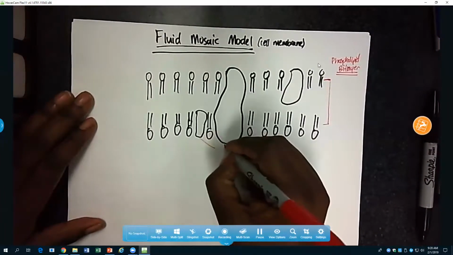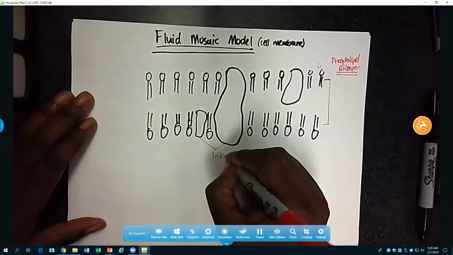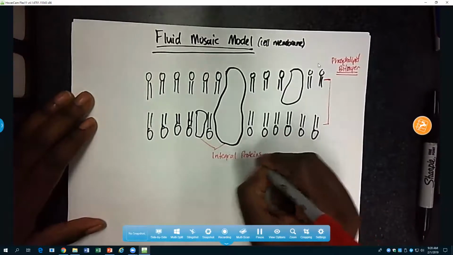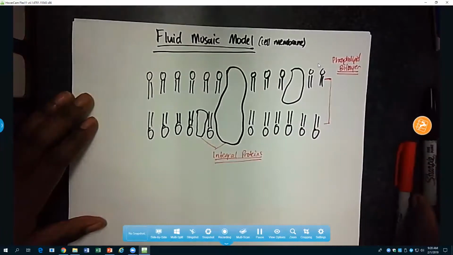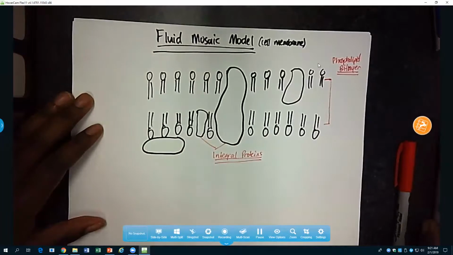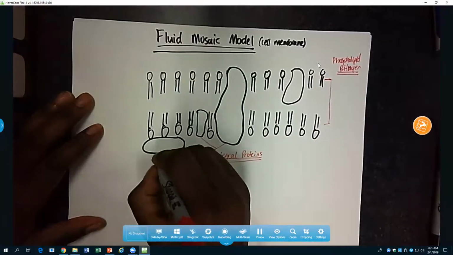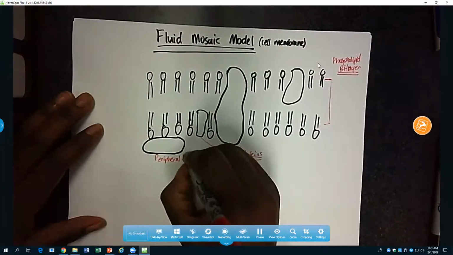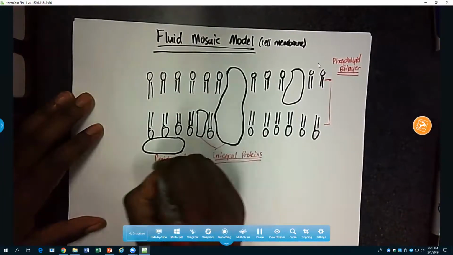Then we also have two types of proteins. We have integral proteins. Then we have a protein on the cytosolic surface, which is called a peripheral protein. Okay.